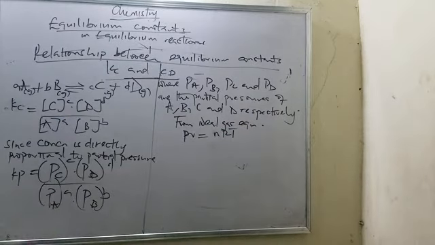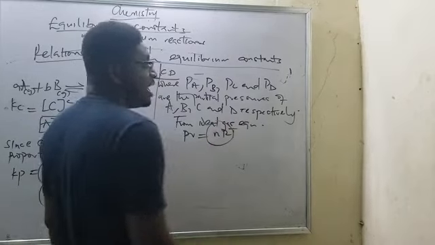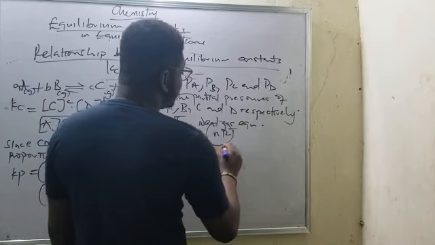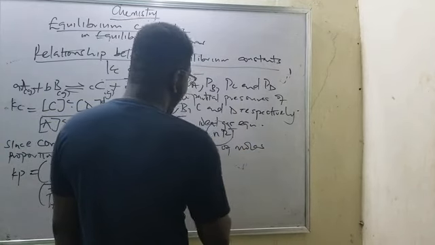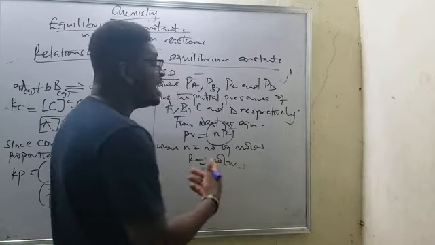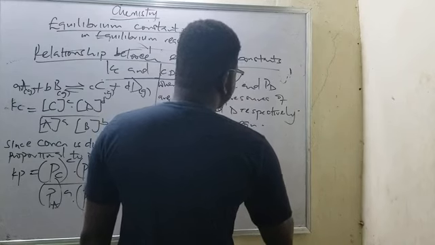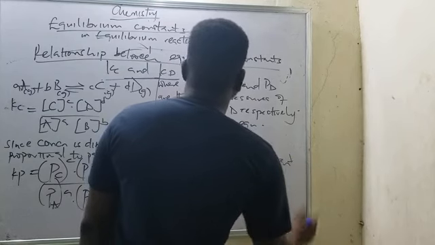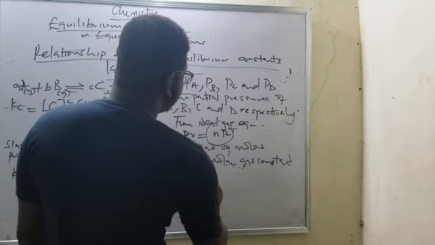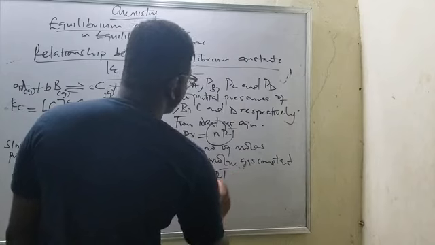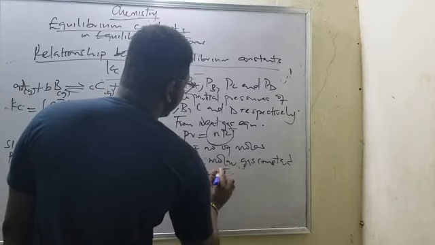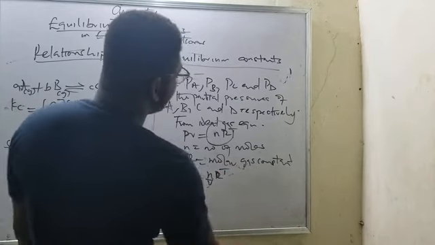Where n is the number of moles and R is our molar gas constant, where I hope you are aware that R has different units. So from our ideal gas equation, we could realize that P is equal to nRT over V, or n over V times RT.